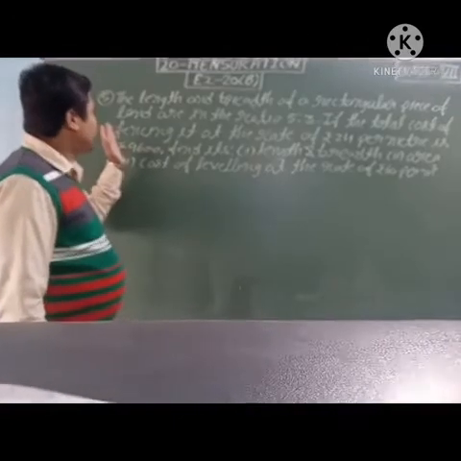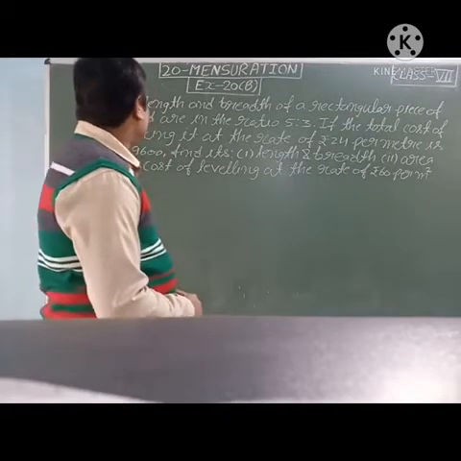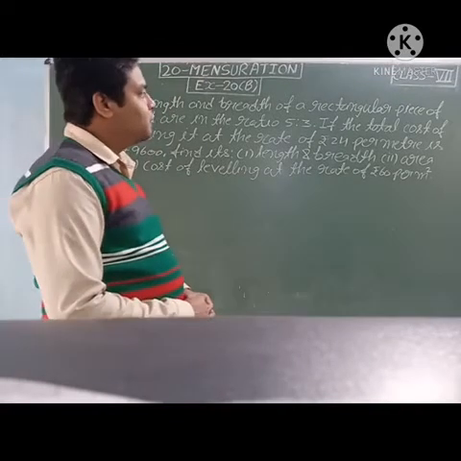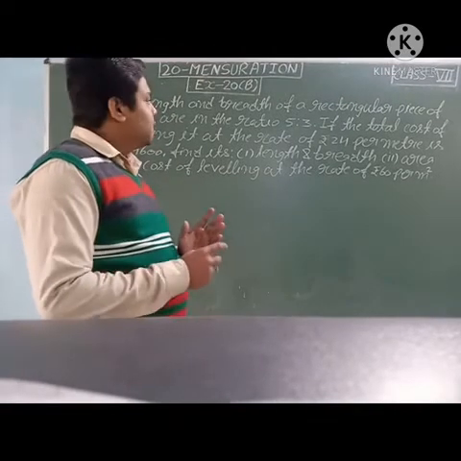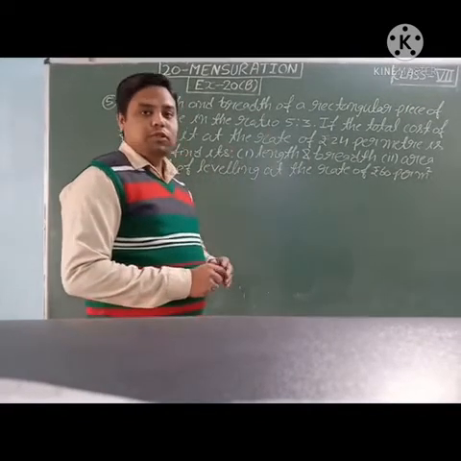Question number 5: the length and breadth of a rectangular piece of land are in the ratio 5:3.